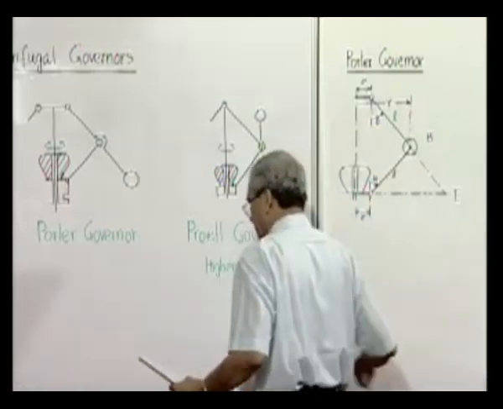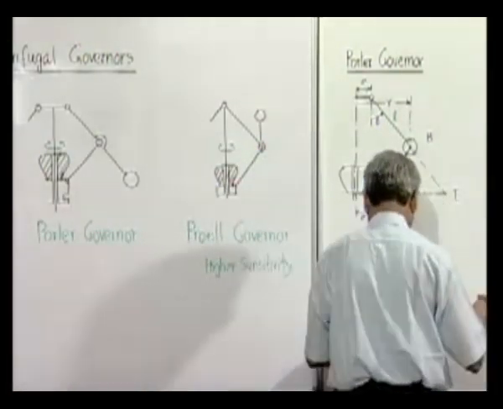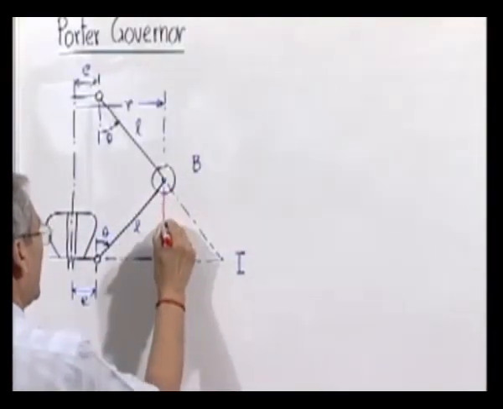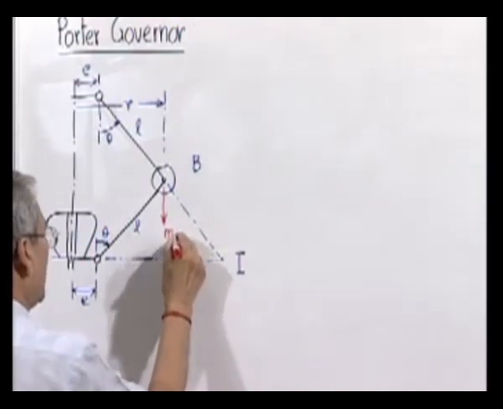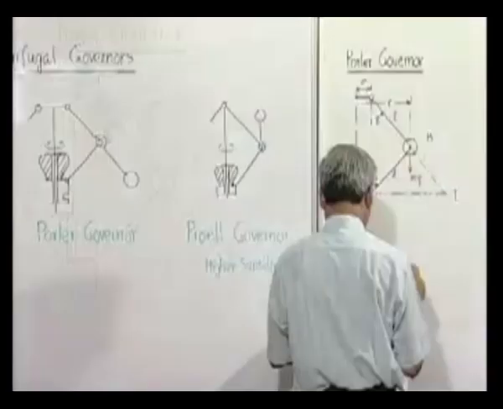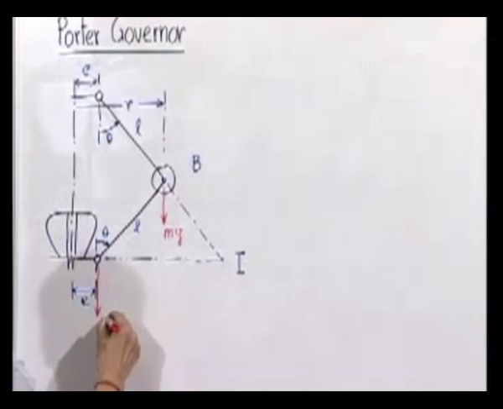The forces which are acting: the weight of the ball, and of course here, if the mass of this is mg, but there being two sides, only half will come to this side.